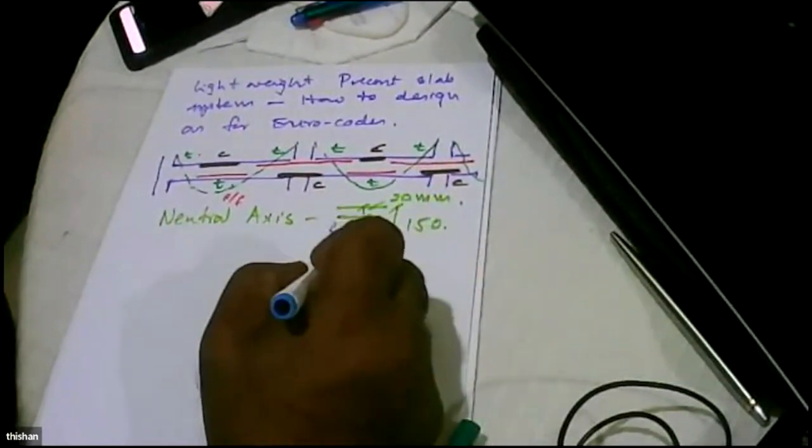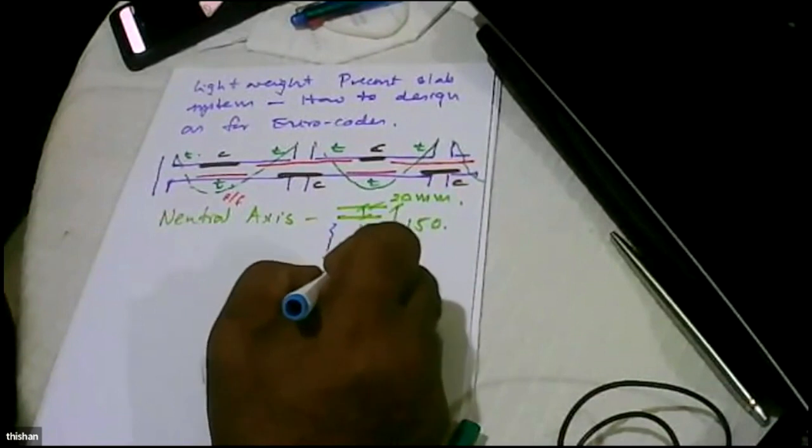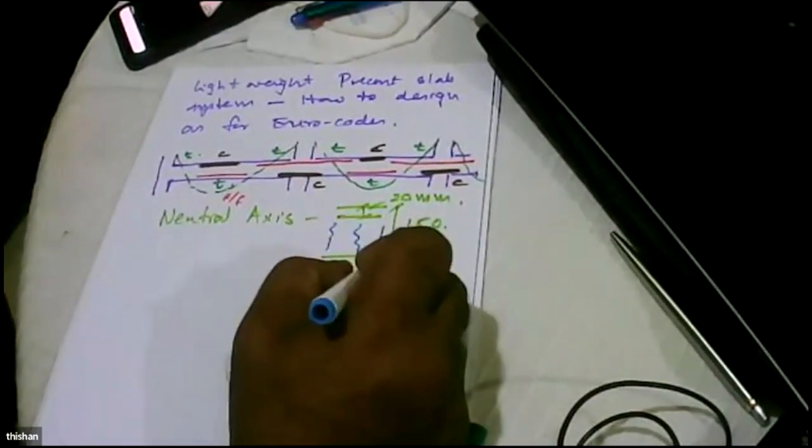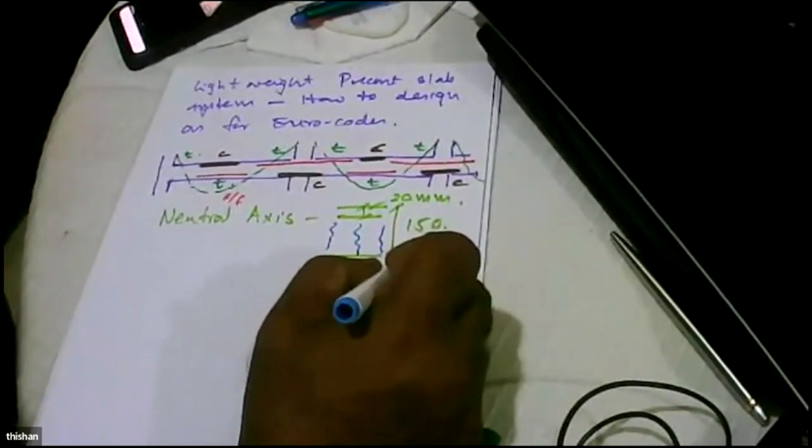So we don't consider FCT. Concrete in tension, ignore. Why? It is cracked. So we completely ignore the tension carrying capacity of concrete, and we concentrate on the compression carrying capacity of concrete. To carry the tension, we rely on steel.